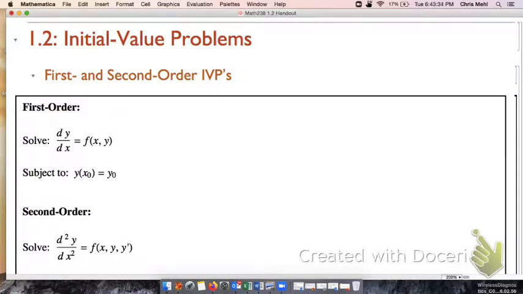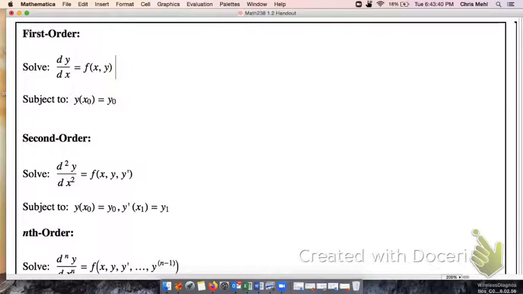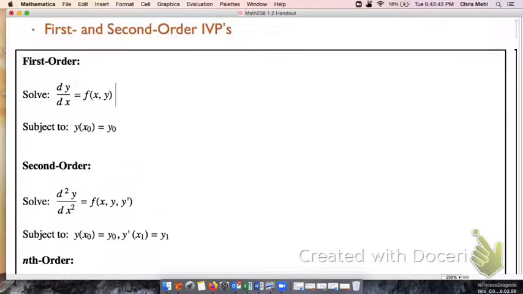Okay, so first of all, I'll probably just show you what a first order and second order looks like, and then I'll generalize that. So at the top, what a first order initial value problem would be: to solve a first order differential equation, and this is what I would refer to as the normal form.